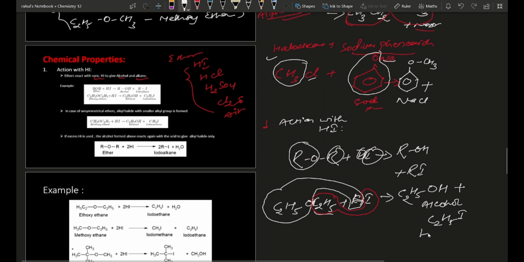So this one is haloalkane. So first reaction ये हो कि when ether reacts with HI it gives alcohol as well as haloalkane.